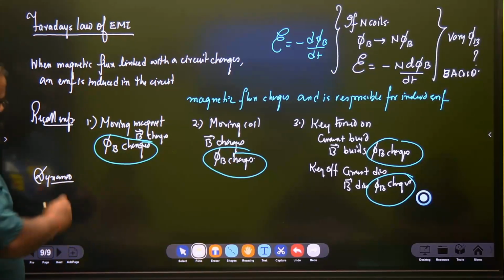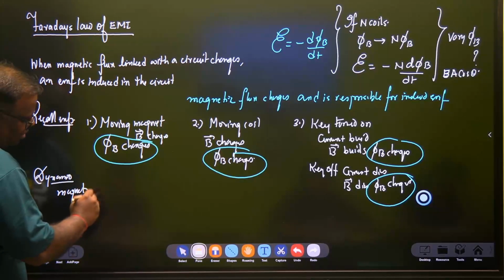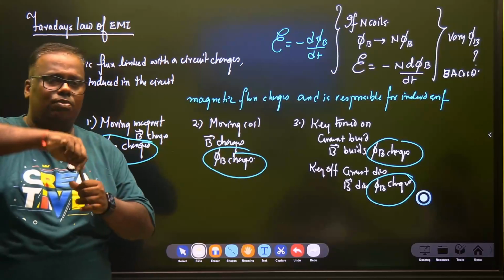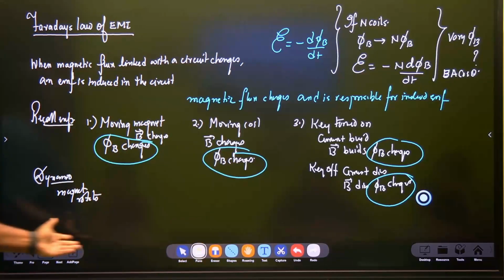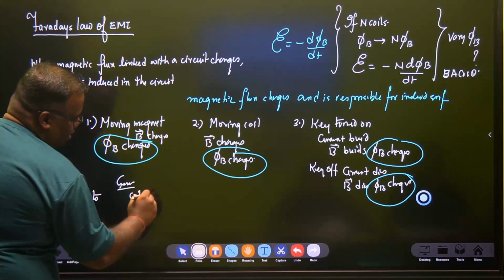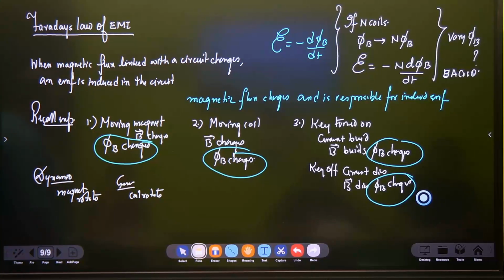In a dynamo, the magnet rotates and the coil is stationary. Has the flux changed? Yes. Dynamo used to light up my cycle in childhood. In a generator, the coil rotates and the magnet is stationary. Will it change the magnetic flux? Yes. A generator gives me current.